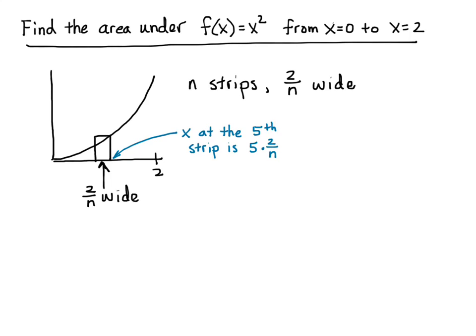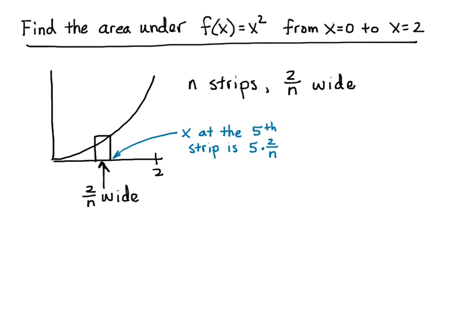The third one is going to be at 3 times 2 over n, and so on, until I get all the way to my nth point. That's the n point, so it's going to be n times my width, which is 2 over n. So this is just going to be 2. I'm going to end up at 2. So this is a convenient pattern to decide, okay, I'm going to calculate f at x.